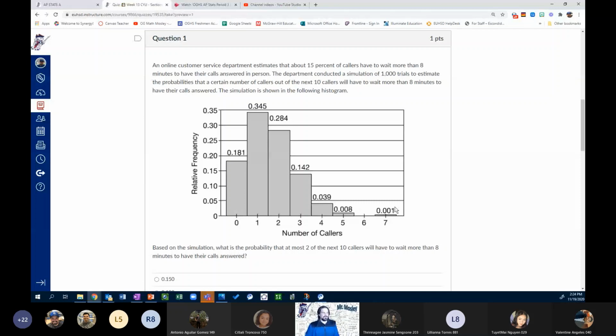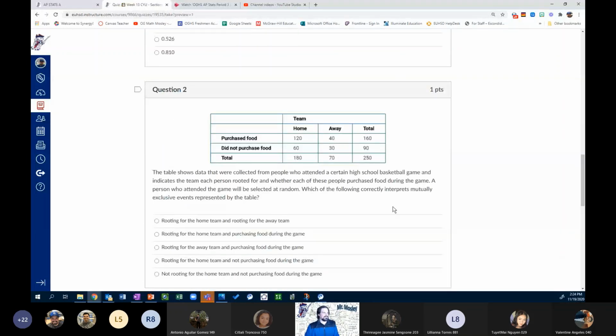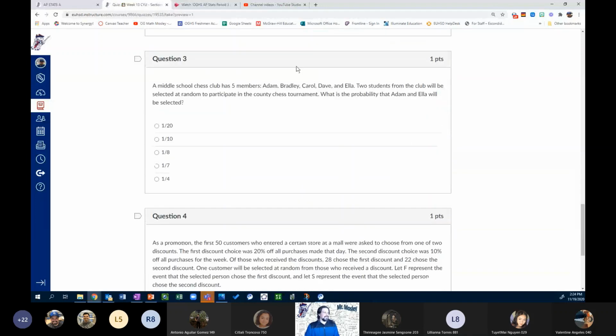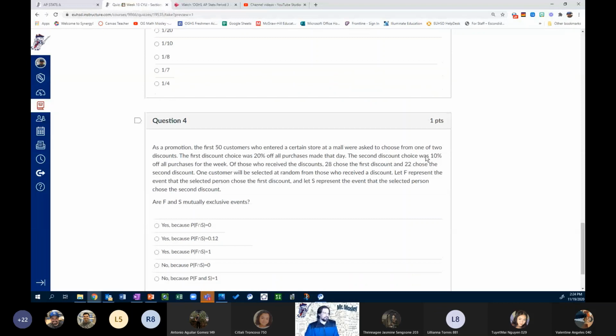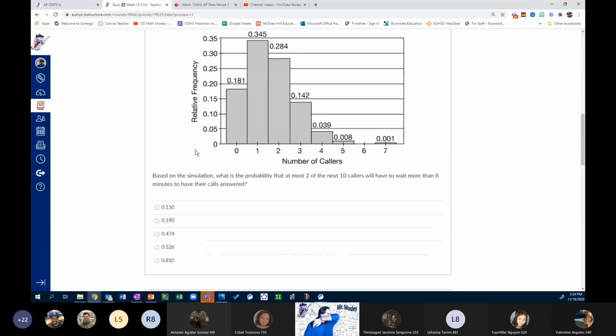You have to use your understanding of probability to answer that question. We have a two-way table question. Question 3 is like the example we just did. And question 4 is using our new notation and asking about mutually exclusive events. That's it. That's the entirety of the quiz.